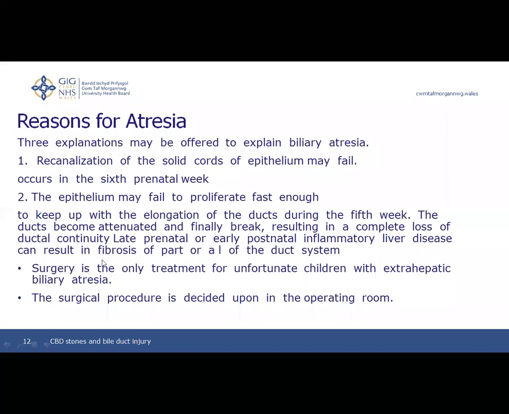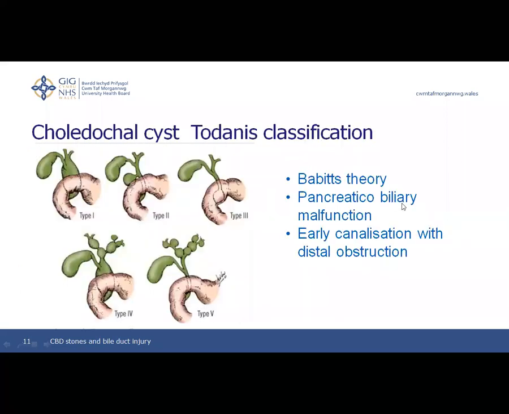So Babbitt's theory. In Babbitt's theory, they say that there's a pancreaticobiliary malfunction during the intrauterine period, which causes the dilatation of the common bile duct, or in other words, there is early canalization.